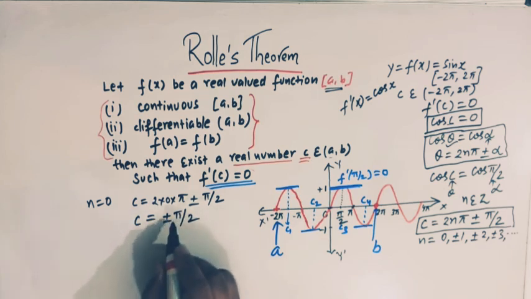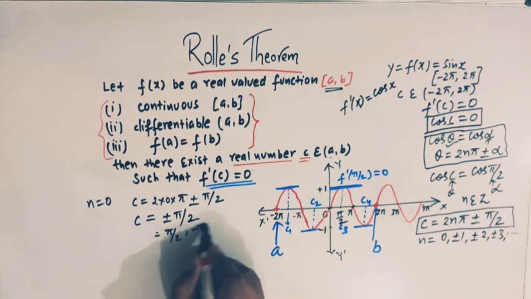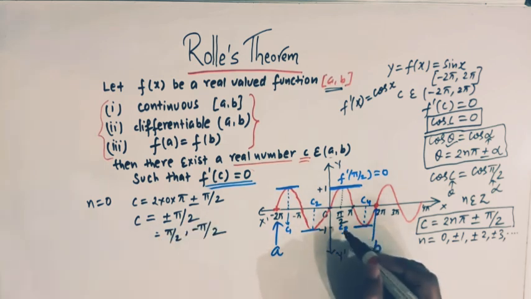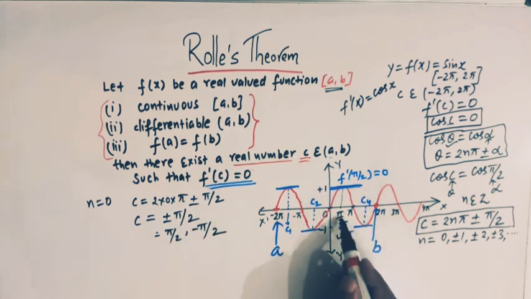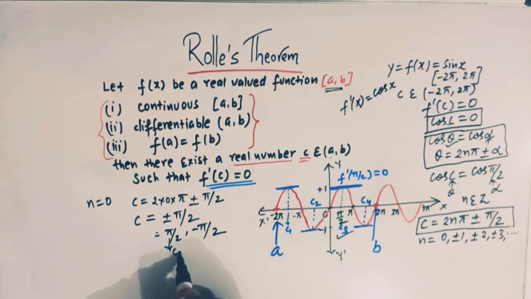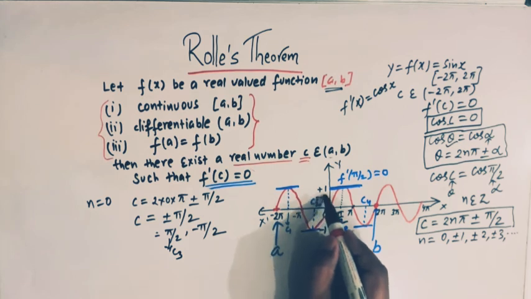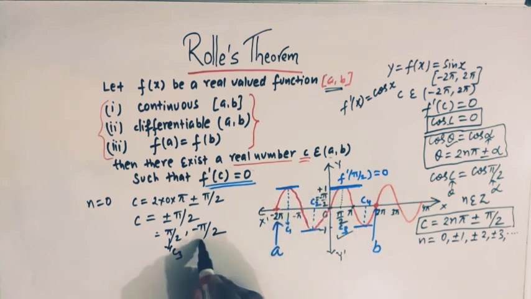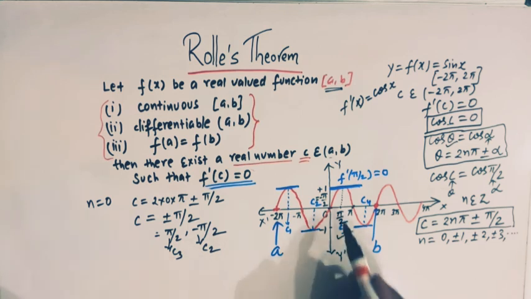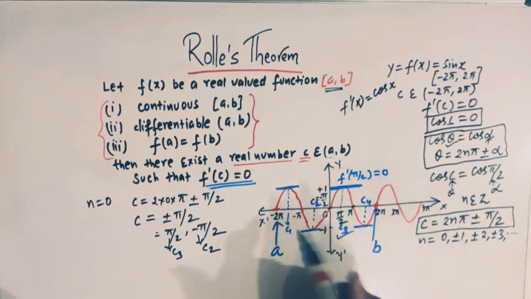So here we have one value as pi by 2 and other is minus pi by 2. So this is c3, that is pi by 2, and this is minus pi by 2, which is the value of c2, right? So now this is how we can find the values.